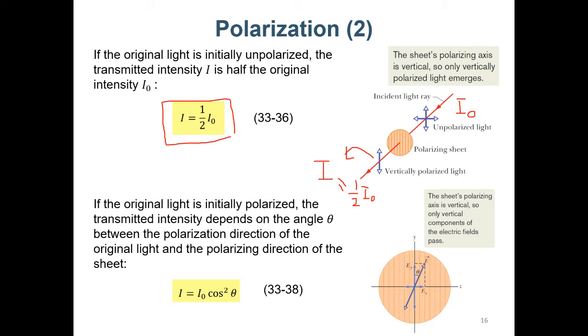The next case is if the original light is initially polarized. The transmitted intensity depends on the angle between the polarizing direction of the original light and the polarizing direction of the sheet.